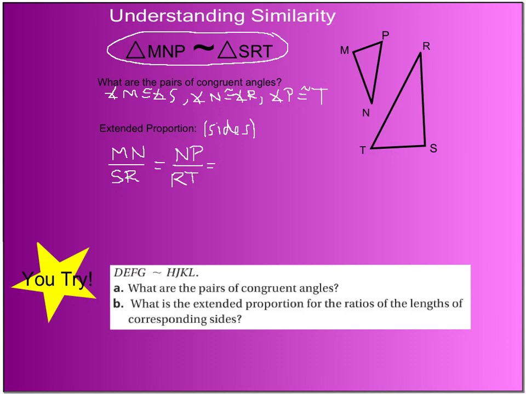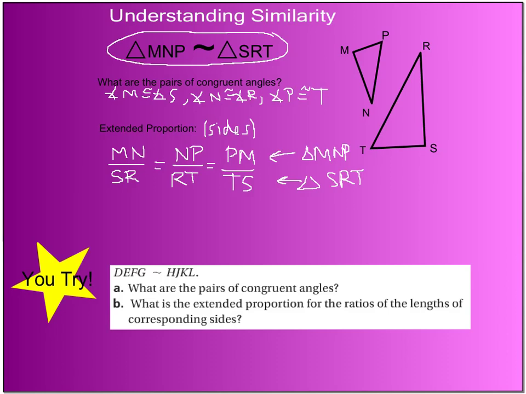And then my first and last letters, PM and TS. What's important is that the letters on top are all from triangle MNP, and on the bottom is always going to be triangle SRT. I can't mix which triangle I put on top and which on the bottom.